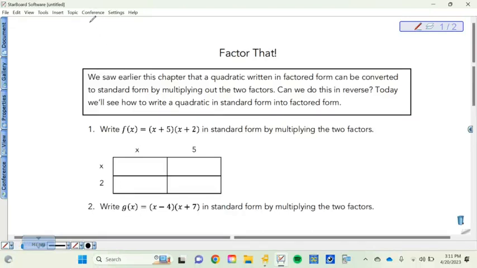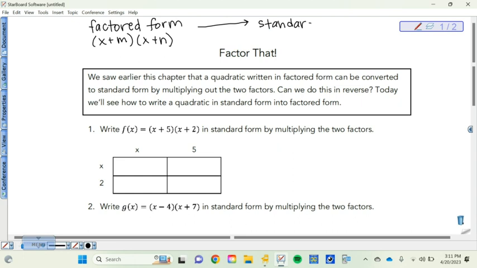We've been taking things in what we call factored form, which looks like two binomials like this, and we've converted it into standard form, which looks like this.